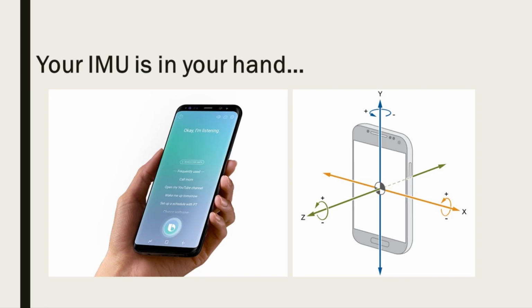The main thing that you need is the IMU. You can use an external IMU. Maybe you are developing an autopilot for an aircraft, so your source is your IMU on board the aircraft. But right now, the IMU is in your hand. You're going to use your phone. Most of the advanced phones have all the sensors you need, and they are actually very good for the normal purposes.